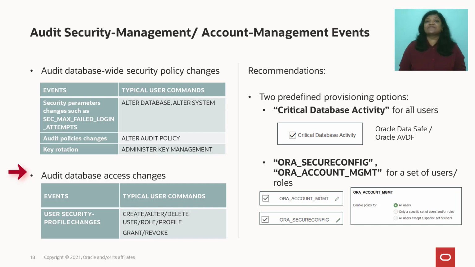There are two predefined audit policy provisioning options which are provided in Oracle Data Safe and AVDF console. First option is to enable the critical database activity if you're enabling for all the users. The second option is you can turn on Aura Secure Config and Aura Account Management if you want to enable for a certain set of users or roles, or you want to enable for all users except a few of them.